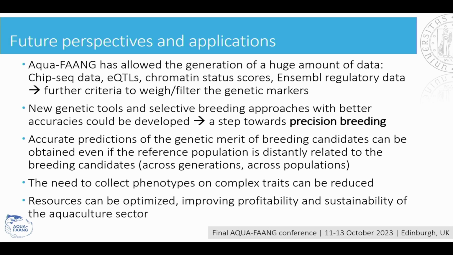Another important point is that we need to reduce the need to collect phenotypes on complex traits because it is really costly and time consuming. So for these complex traits, we need to reduce the need to collect phenotypes every generation or every few generations.